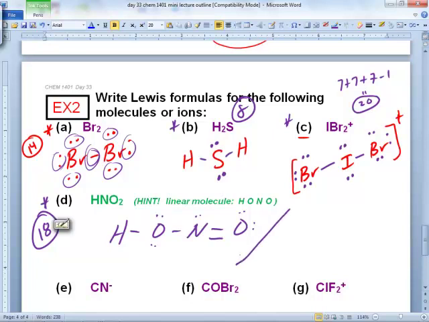There's another possible answer. Do you see what it is? Have the double bond, instead of between this N and O, have it in the middle N and O. That's another possible answer. There's 2 possible answers for this one.